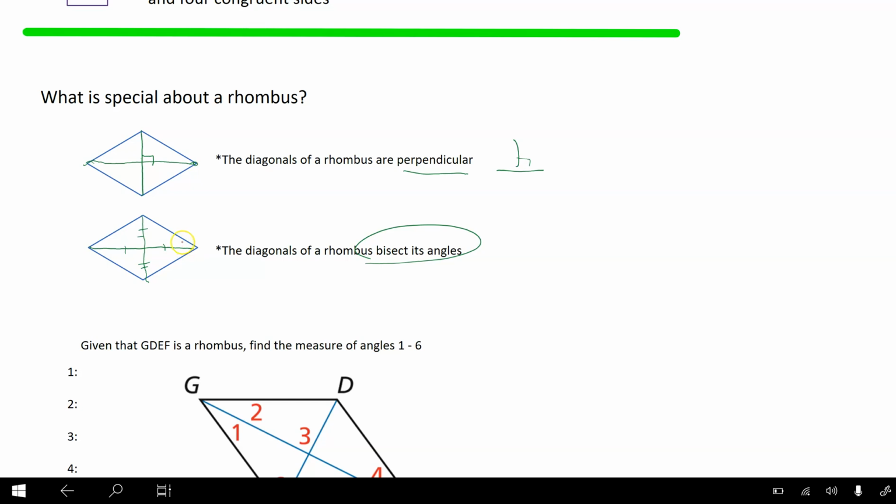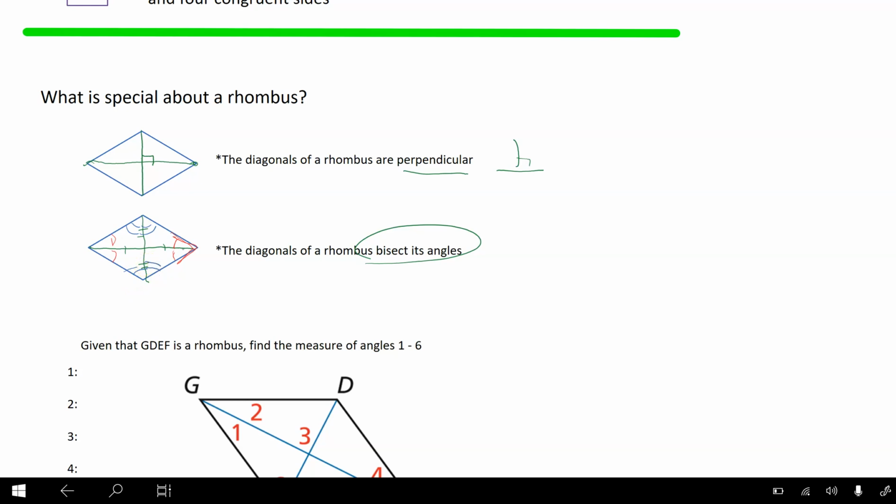So the diagonal that we drew first, it bisects this angle right here. So this angle is congruent to this angle. And this little angle is congruent to this little angle. And then we also know that this angle is congruent to this one. And this angle is congruent to that angle.